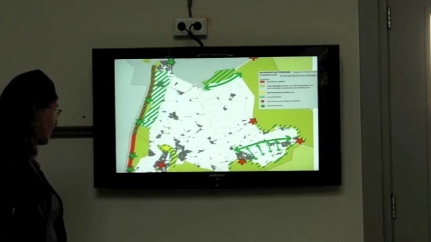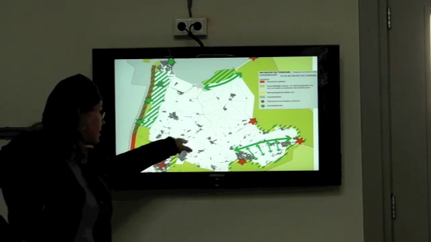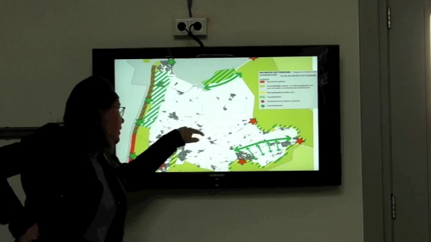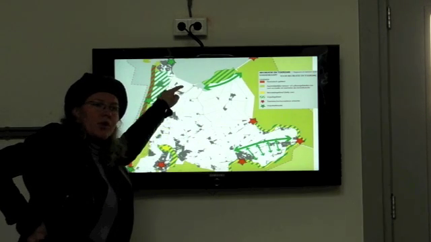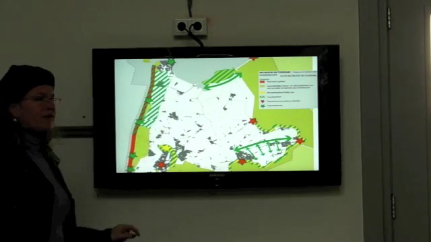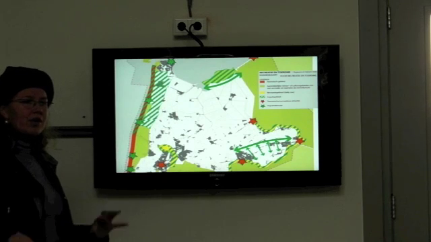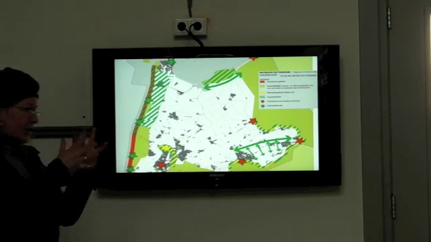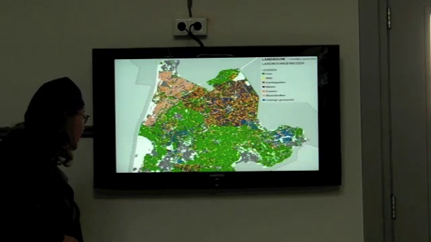We realized that these actors were cooperating very well. Here there were some small conflicts because of multifunctional land use, how to deal with tourism, flower production, and farming. That is what we discovered.